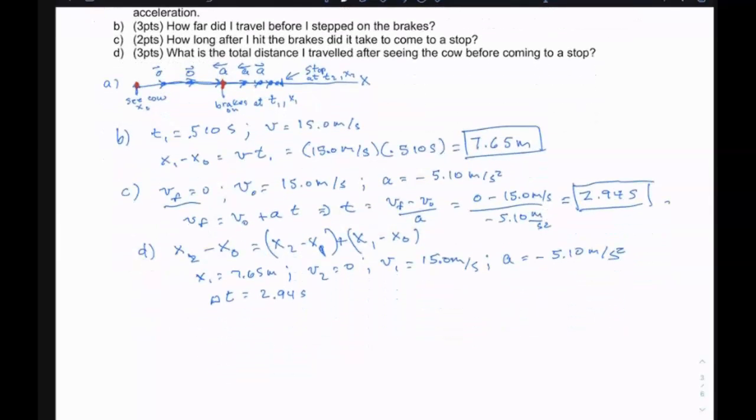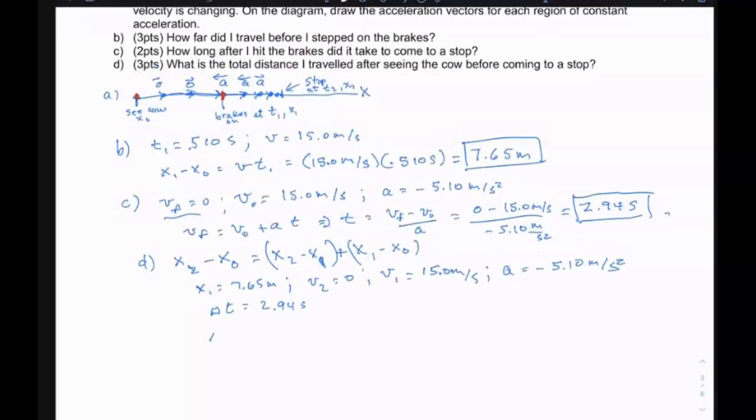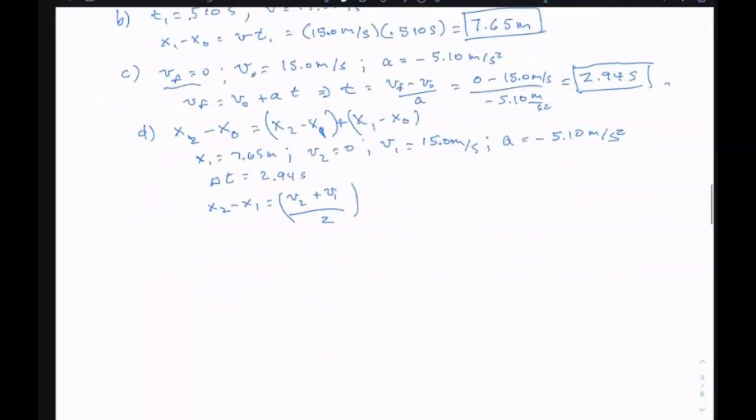So we can use either equation 2 from our list of kinematic equations with constant acceleration, or equation 4. Let's use equation 4. It says that the displacement, which is x2 minus x1, is equal to the average velocity times the time interval. So that's V2 plus V1 over 2 times delta t.